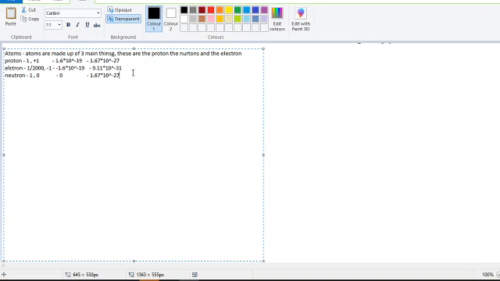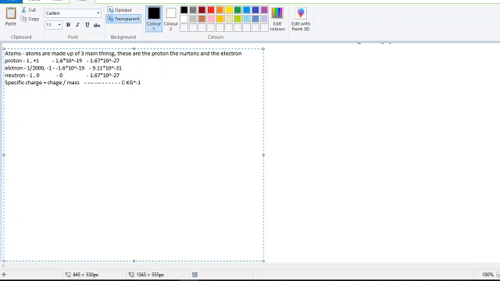So what do you do with these? You do the specific charge. The formula for the specific charge is the charge divided by mass, and the units for this would be coulombs per kilogram, C kg to the power of -1.